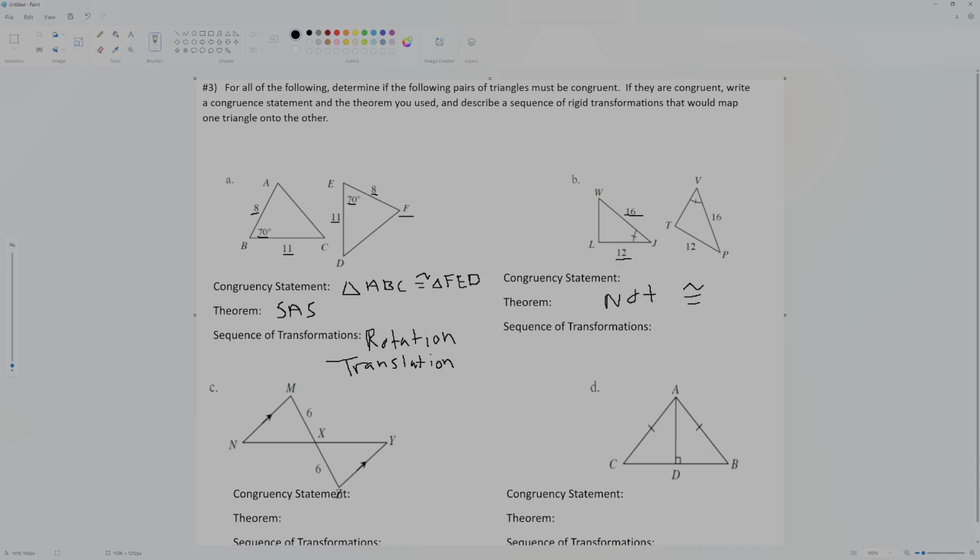See, you have LJ, side length WJ. J is the one that's repeated twice. But if you go on the other side and you look at the marked sides, you've got side length TP and side length VP. So V would need to be marked to be the included angle. It is not, so therefore these are not congruent.